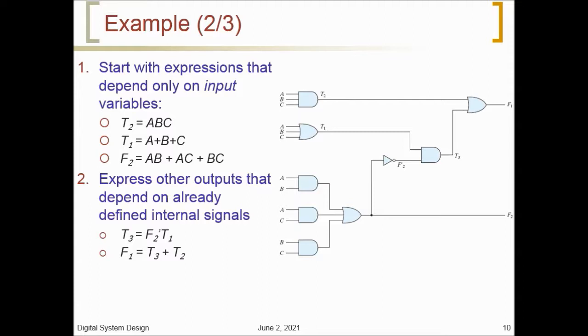Next, we consider outputs of gates that are a function of already defined symbols. T3 is equal to F2 complement times T1, and F1 is equal to T3 plus T2. To obtain F1 as a function of A, B, and C inputs, we form a series of substitutions as follows.